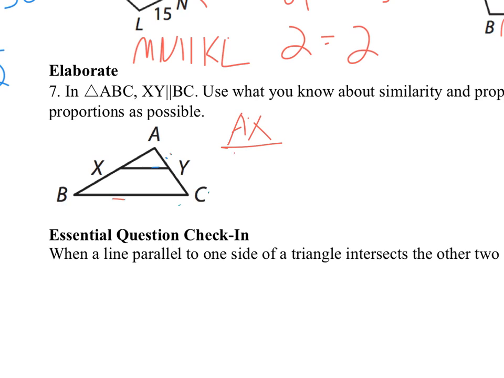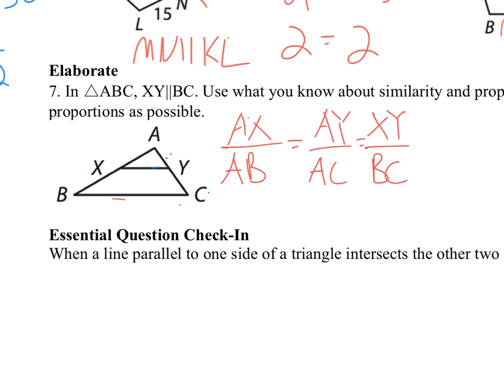AB. And that would be equal to what? What would be our next proportion? AY over AC. And since we're doing a triangle, we can write all three of them in a row. Our last proportion would be XY over BC. Good, so that's one proportion.